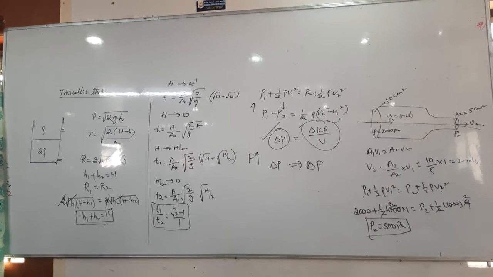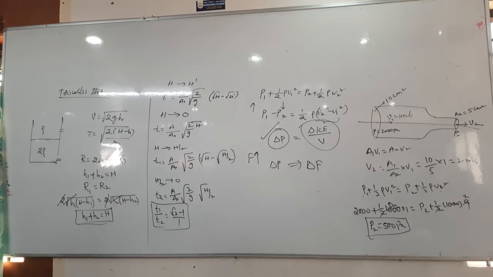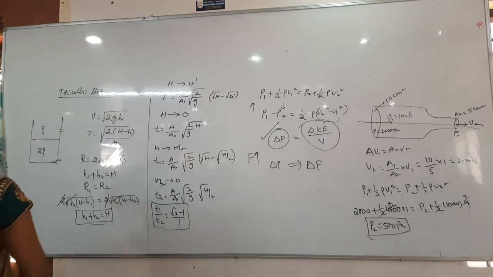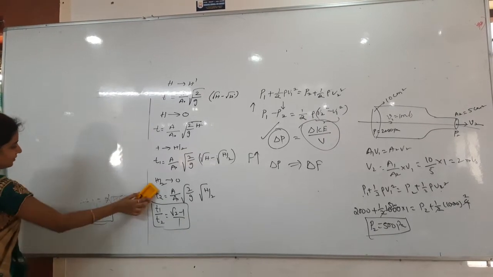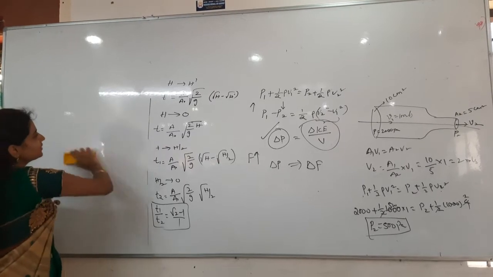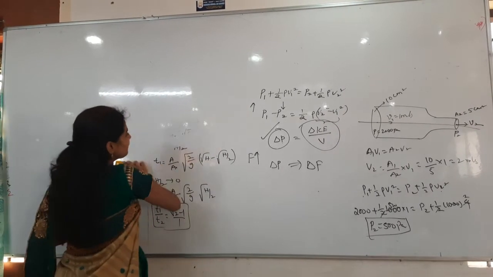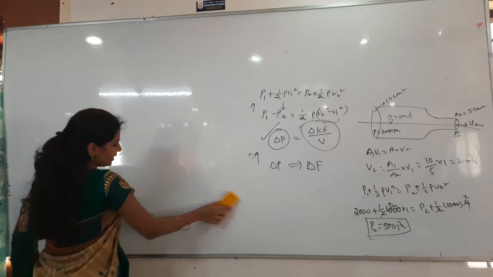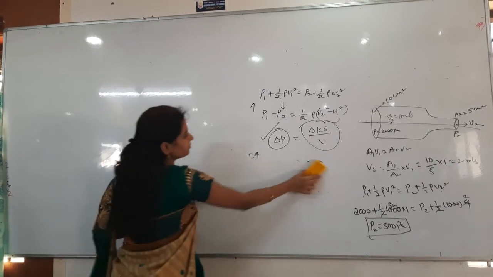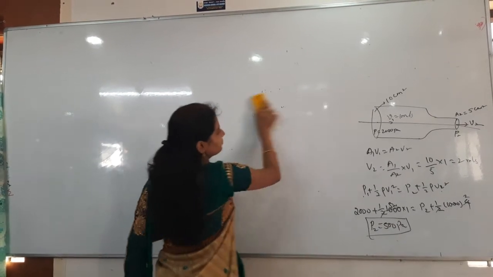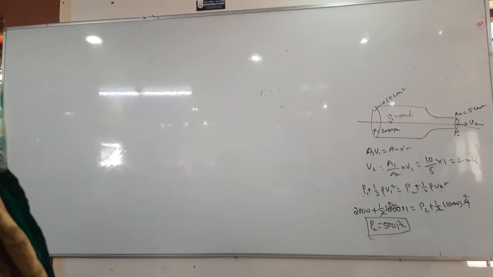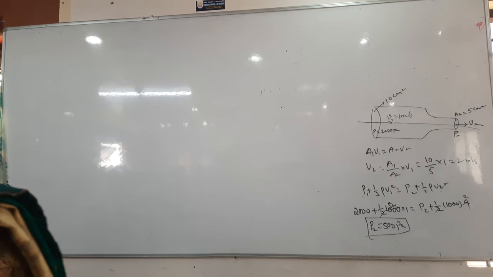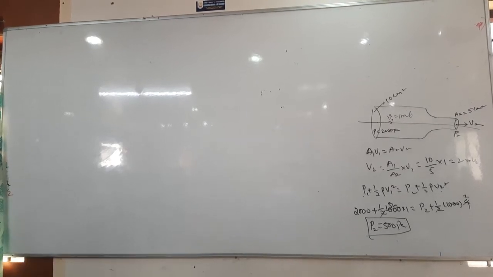Next, one more variety in Torricelli's theorem. A cylindrical vessel contains a liquid of density rho up to a height h.